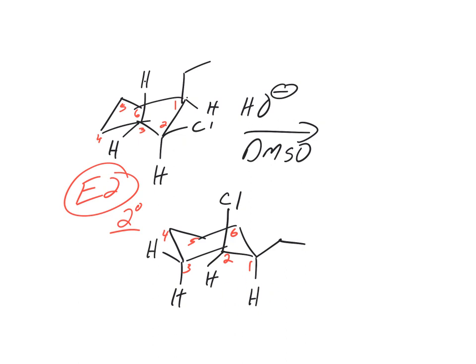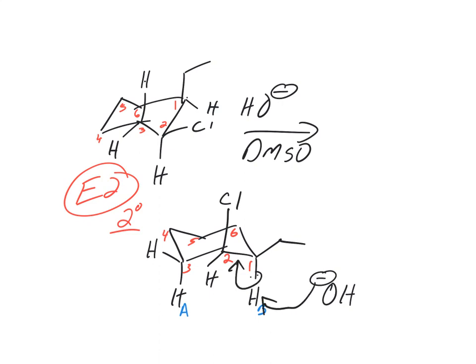So if I label them A or B, which one is the most likely one here? A or B? B. Zaitsev's product, Zaitsev's rule. This is only a secondary alkyl halide. This is not a very big base. If I take B, it'll lead to a more substituted alkene.